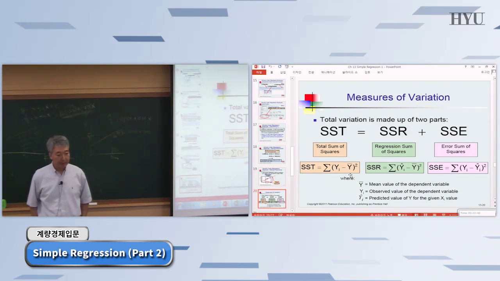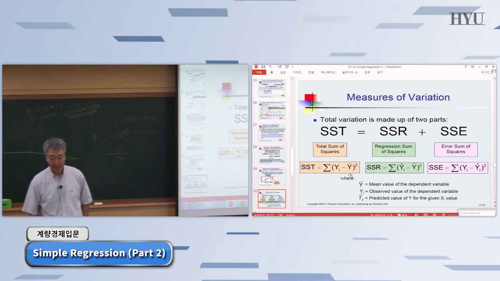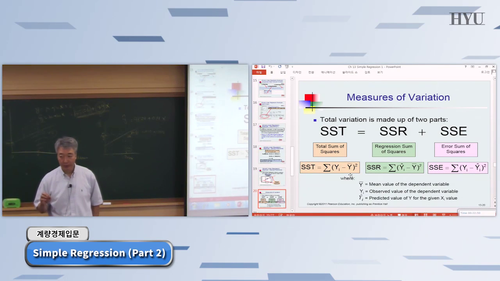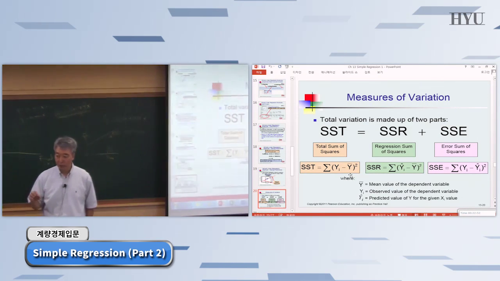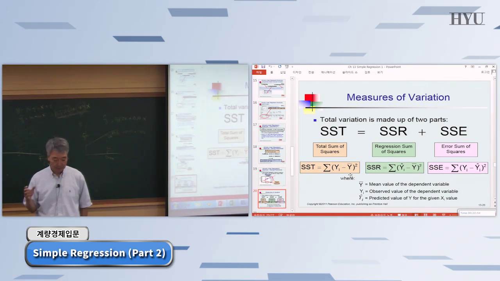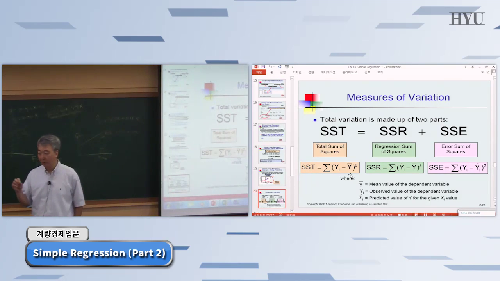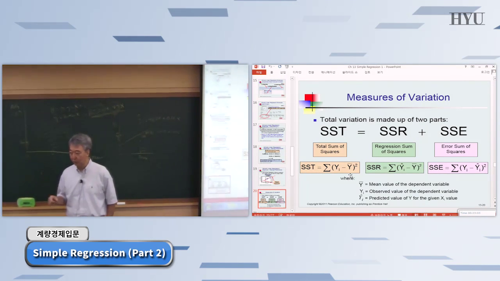What is yi? Yes, the individual y value, because we have many y values. What about y bar? Grand mean, I told you. It's the mean value of all the y values.